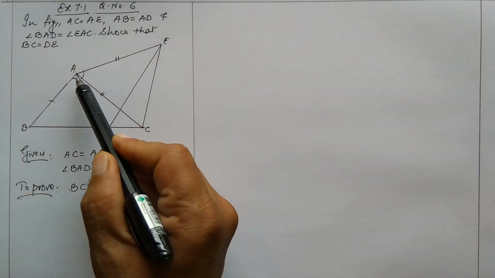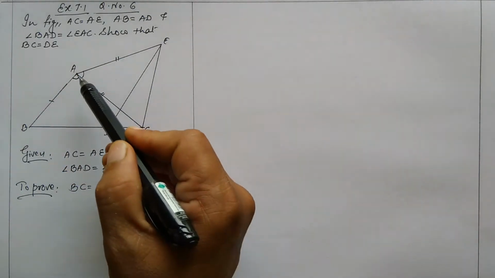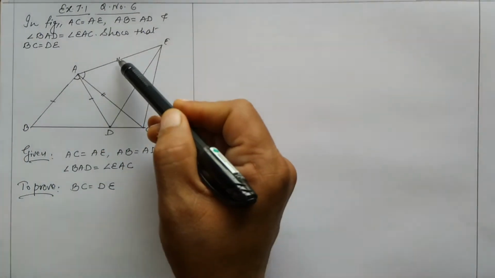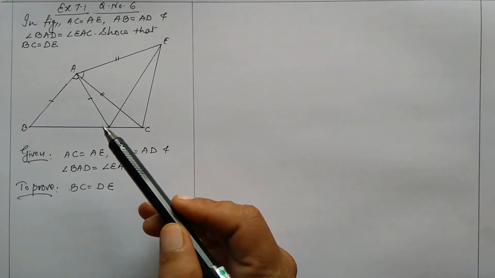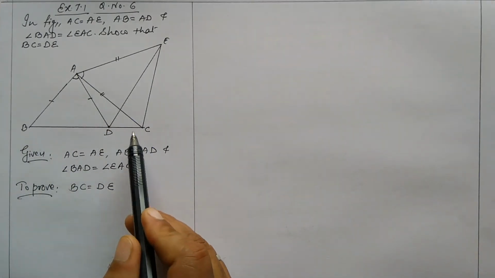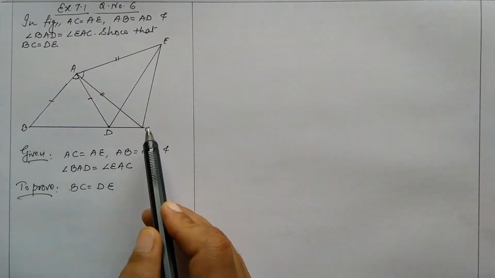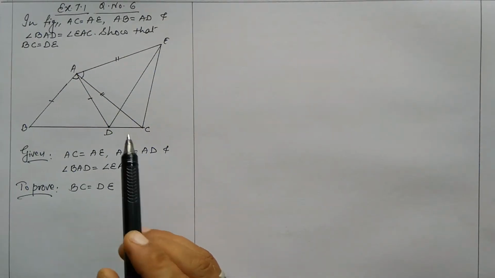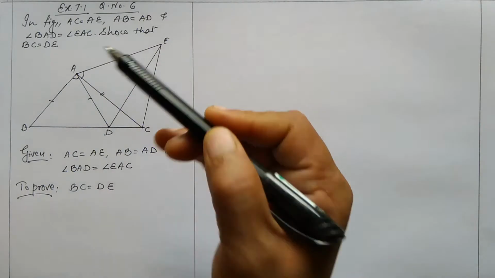Same case, if you focus on triangle ADE, you are getting this side is not equal to this side. Okay, so what is your target? You want to prove that BC is equal to DE. So when you say BC, it is a side of triangle ABC, and DE is a side of triangle ADE. So you should be successful in proving triangle ABC is congruent to triangle ADE.